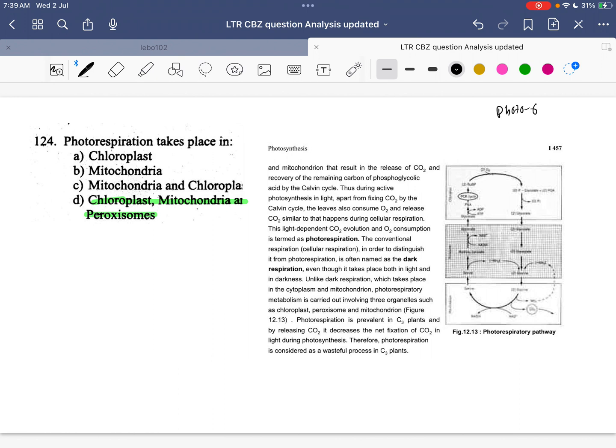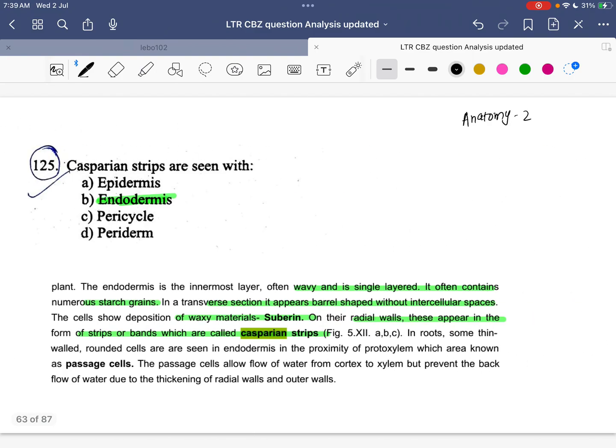Question 124: photorespiration takes place in chloroplast, mitochondria, and peroxisome, so three organelles. So answer will be D.